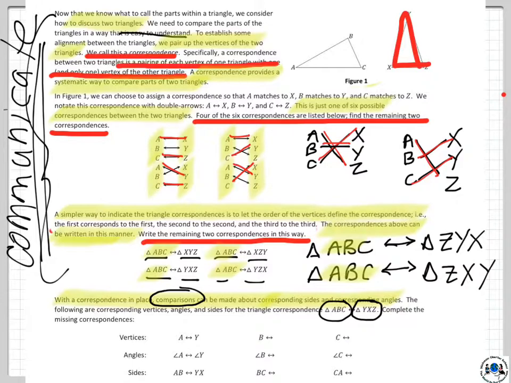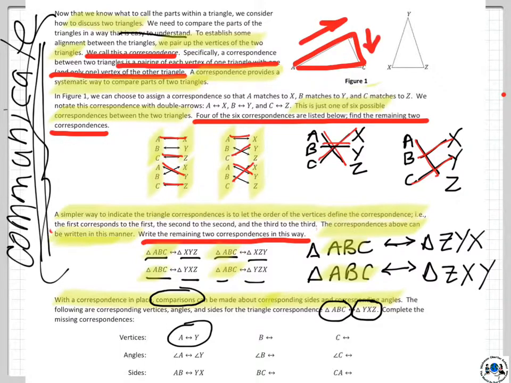I think you see what you're supposed to do. You can see right here, vertices, we have A. Hold on a second, I just want to get rid of this one. So now we're looking at these two right here, ABC, moving that way, corresponds to YXZ, which goes this way.